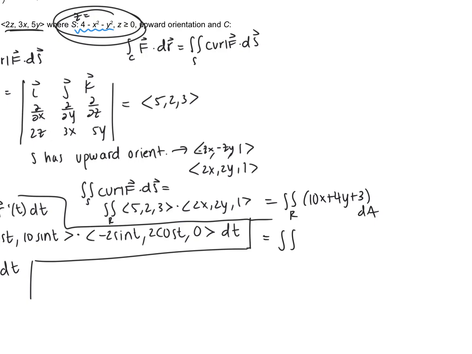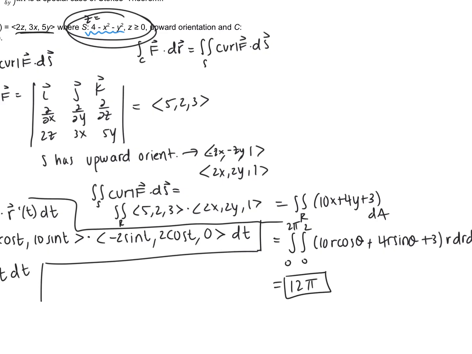So when we do, that would give us 10r cosine theta plus 4r sine theta plus 3r, dr d theta. R goes from 0 to 2, theta goes from 0 to 2 pi. And again, I'm not going to actually calculate it for you, but I will tell you, you get 12 pi.